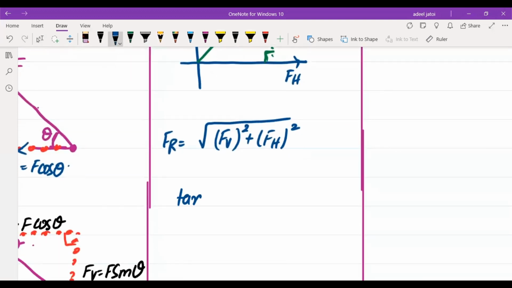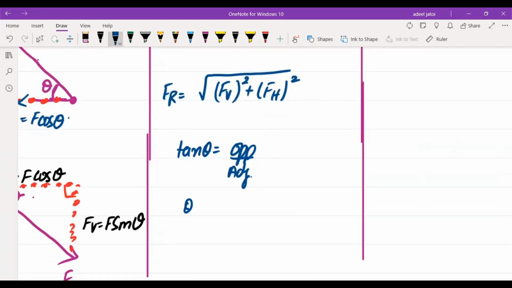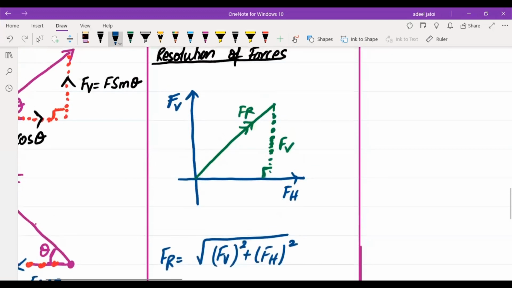Similarly, for the angle, tan theta is opposite upon adjacent, which means theta is equal to tan inverse of FV upon FH.